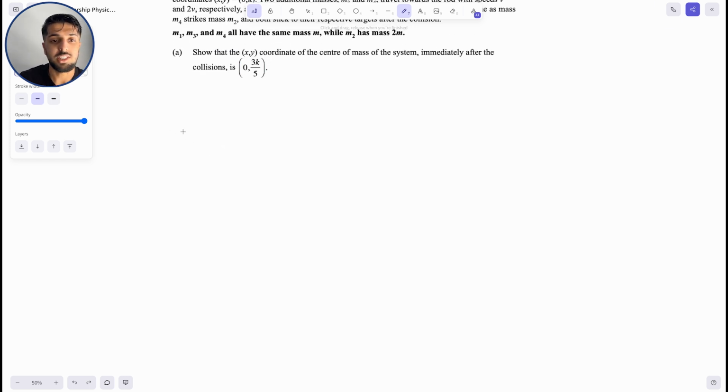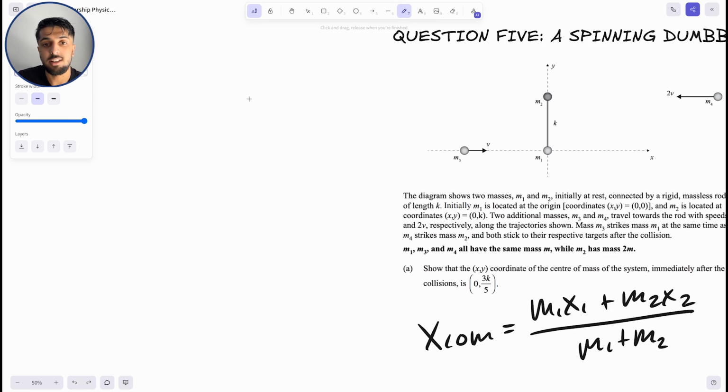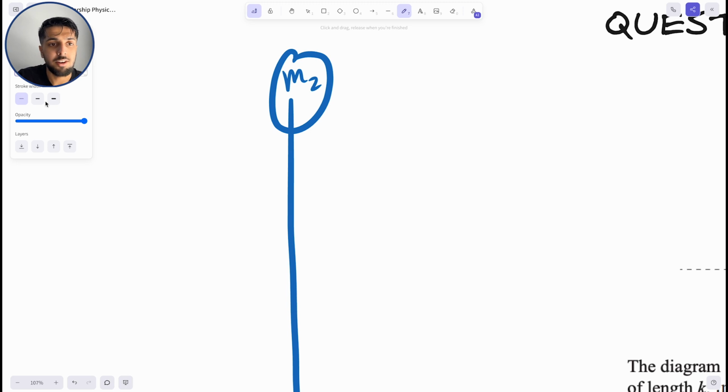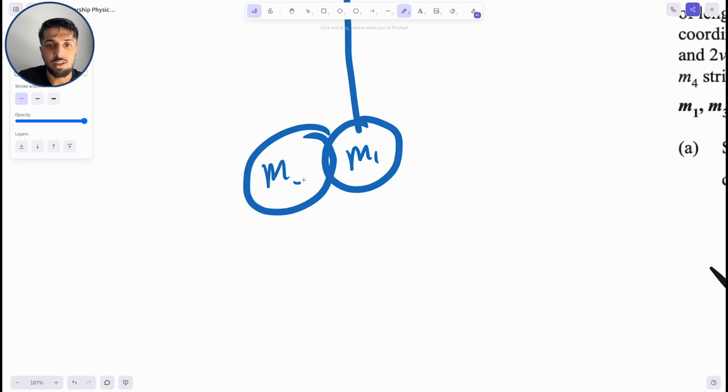Okay, so we know that the center of mass equation is equal to m1x1 plus m2x2 all over m1 plus m2. Now if we analyze this situation after the masses have collided, we will have m2 right here and m4 right here. This will be m1 and this will be m3.